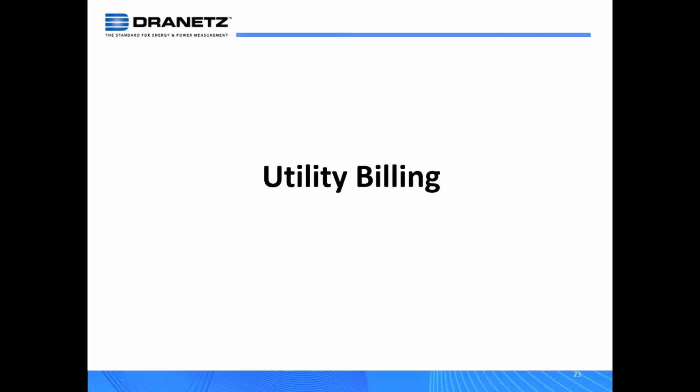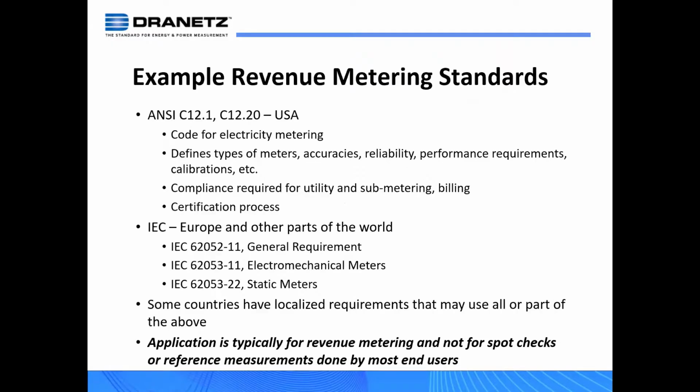So continuing along, we'll talk about utility billing. So example of some of the revenue metering standards, there's kind of two main standards bodies, although, you know, different countries and different parts of the world have their own variations on this. So in the United States here, we have ANSI. I believe that's the American National Standards Institute, and it's ANSI C12.1, C12.20.